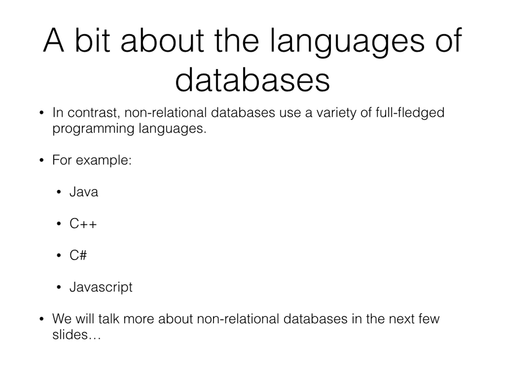But with non-relational databases, full-fledged programming languages are used, with what's known as application programming interfaces built by the vendor of that database, so that the people who know Java or C++ or C# or JavaScript can use that API to access data in the database.